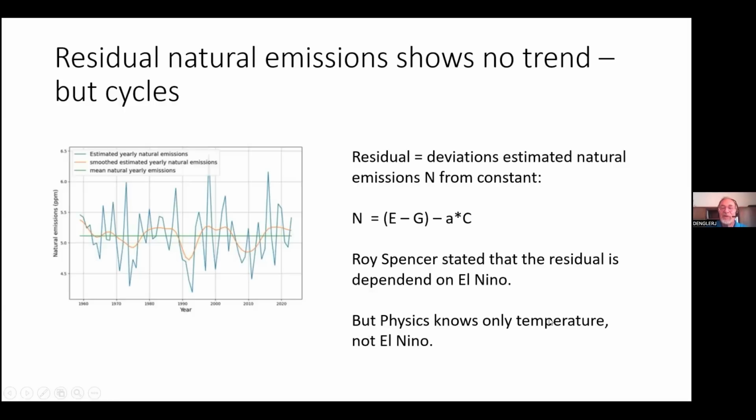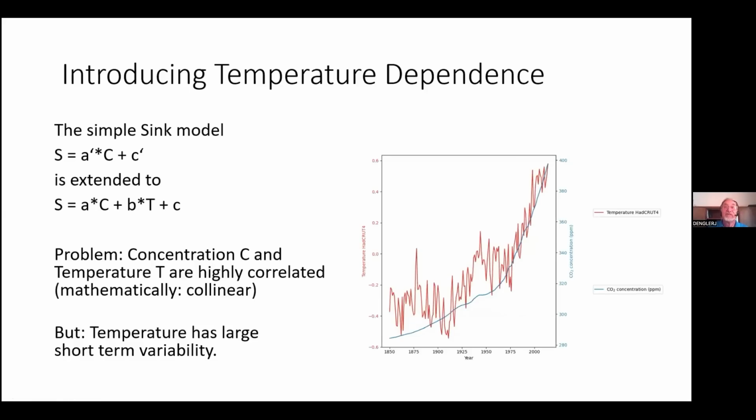We only know temperature. So this brought me to the idea to make a temperature-dependent sink model. Instead of the simple sink model, which only depends on concentration, we extend this to make it also dependent on temperature.